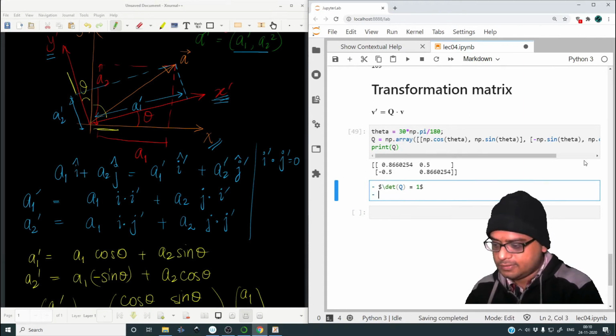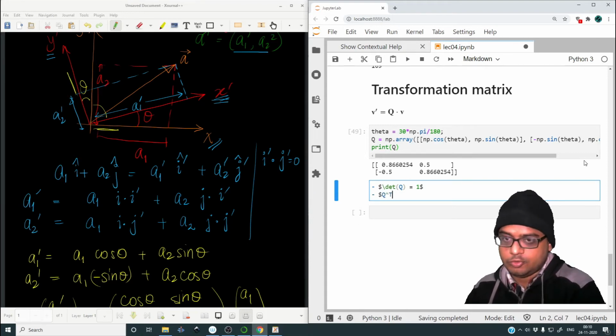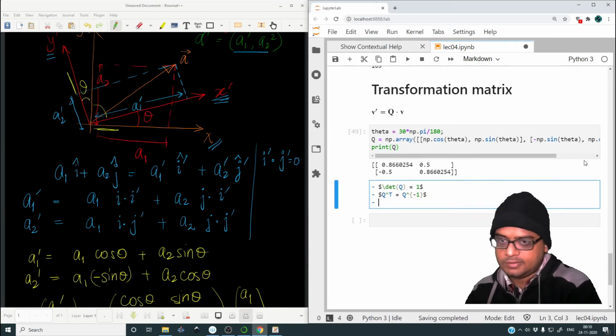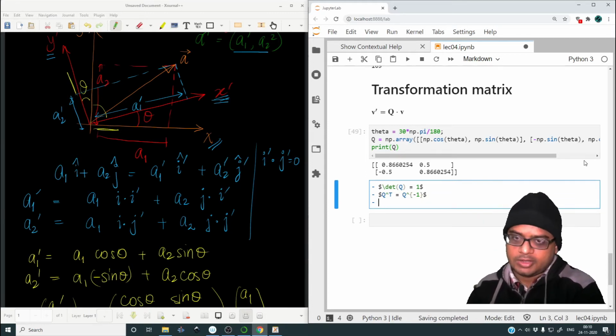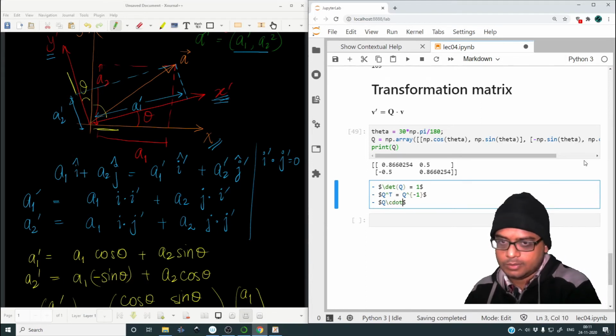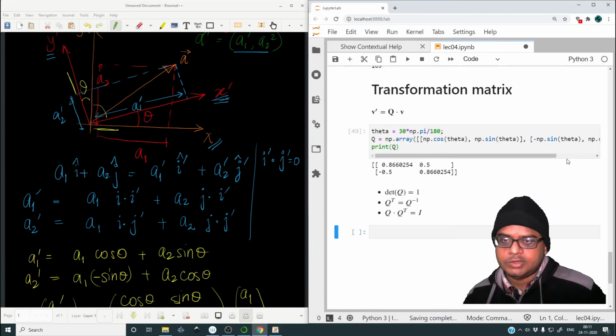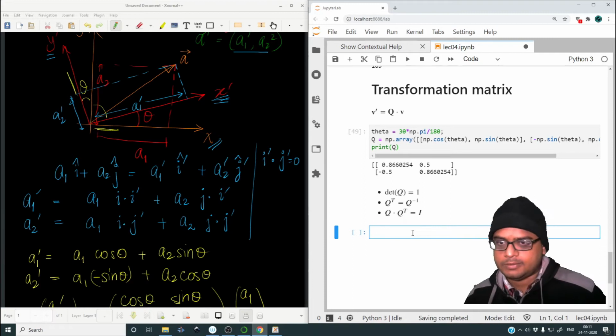The second property is the transpose of Q is equal to the inverse of Q. And the third property is, by corollary, Q transpose Q is equal to the identity matrix. So let us look at these three properties one by one.